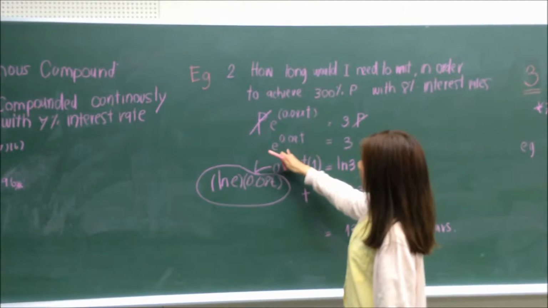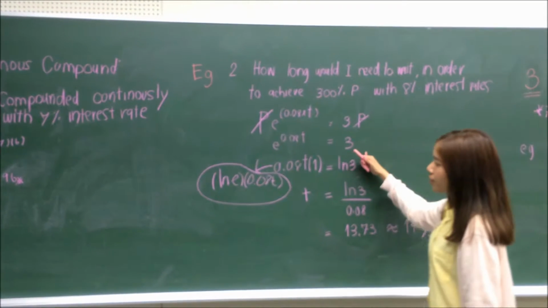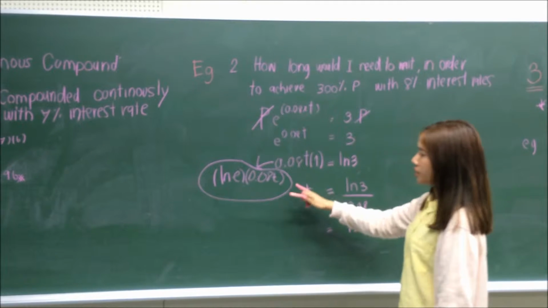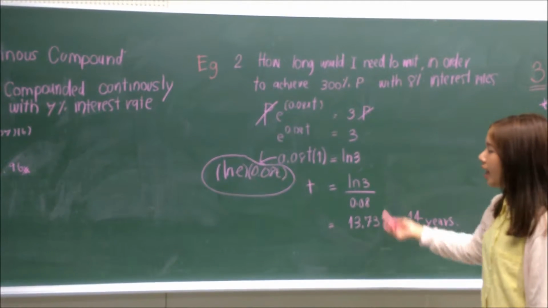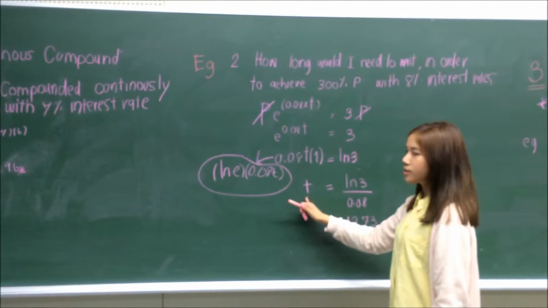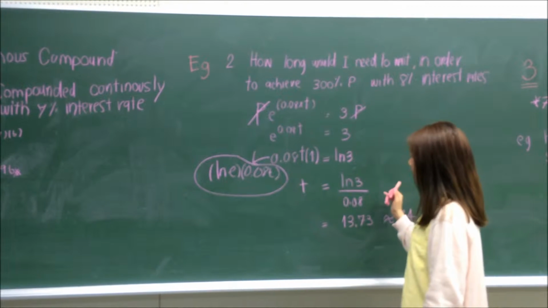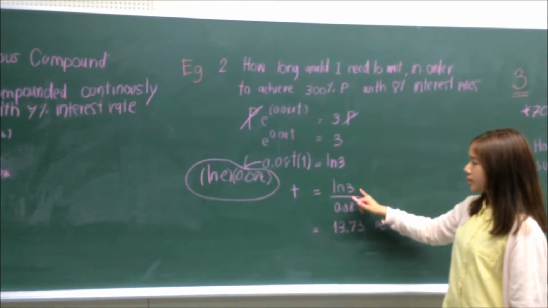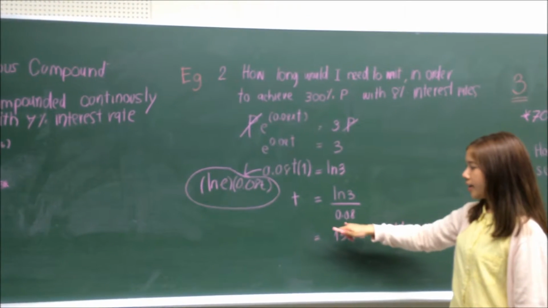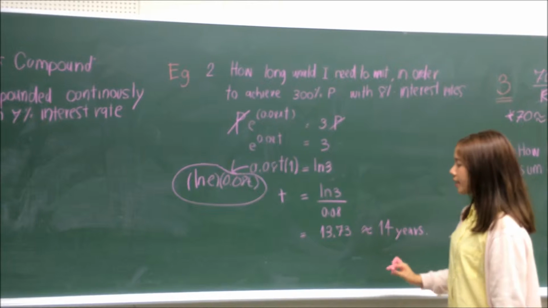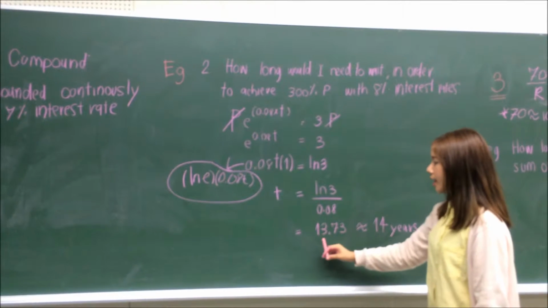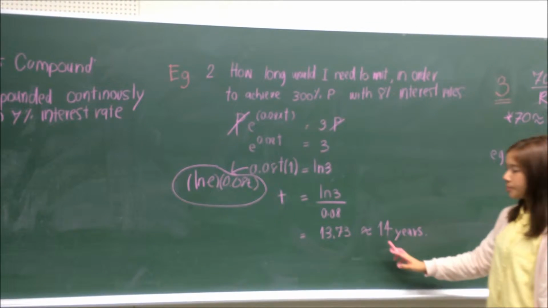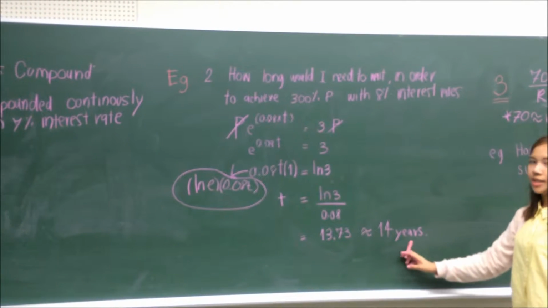Then we use ln on both sides and solve for T, so T equals ln 3 divided by 0.08. After calculating, we will get 13.73, or approximately 14 years.